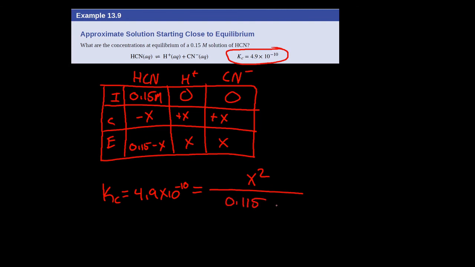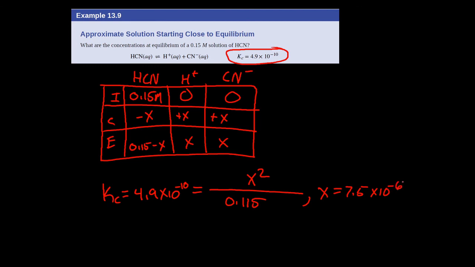There would be a minus X here, but we're ignoring it, because again, we're making the X is small assumption. So if we do the math, 4.9 times 10 to the negative 10 times 0.15, and then take the square root of that to get rid of the X squared, we'd be left just with X. And we find that X is equal to 7.5 times 10 to the negative 6.